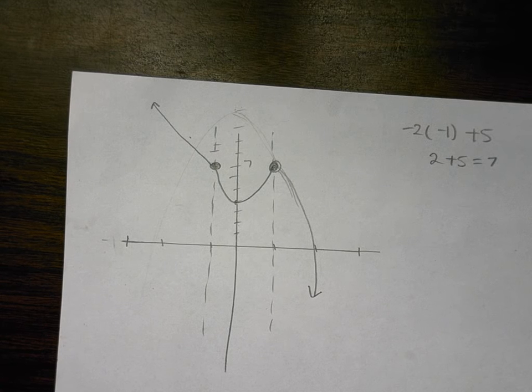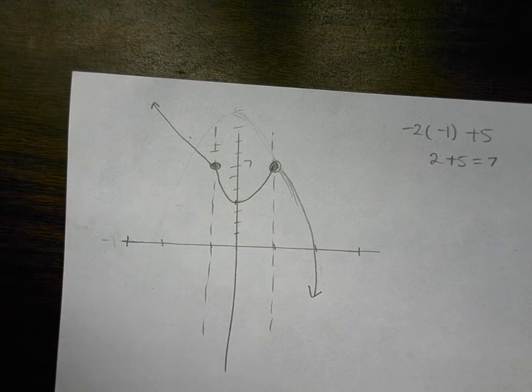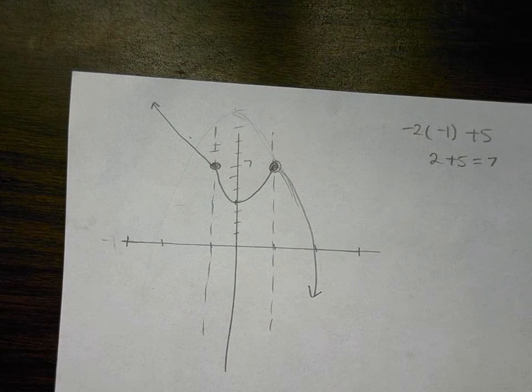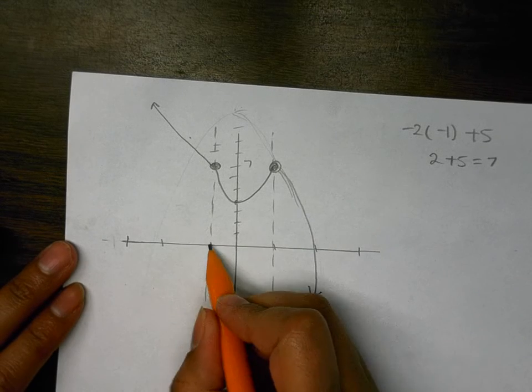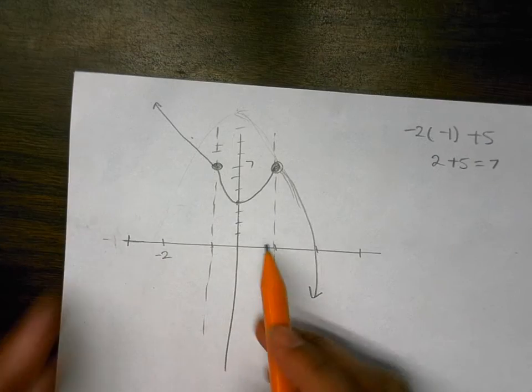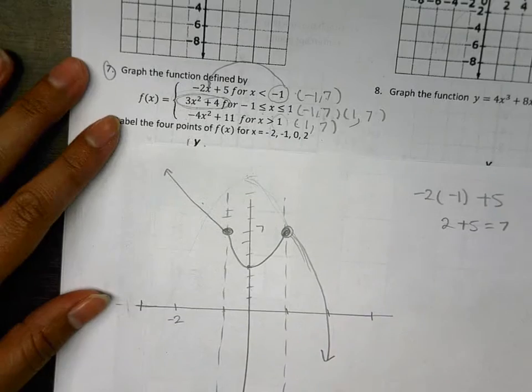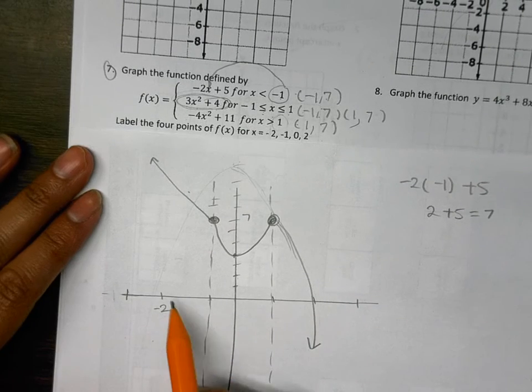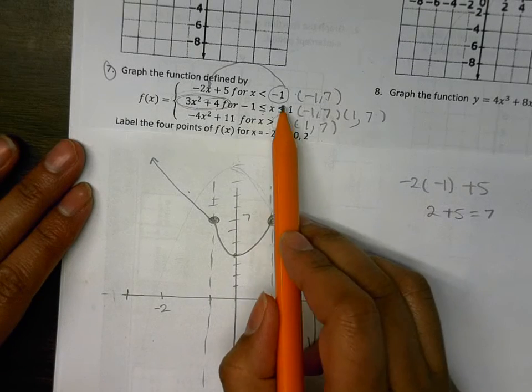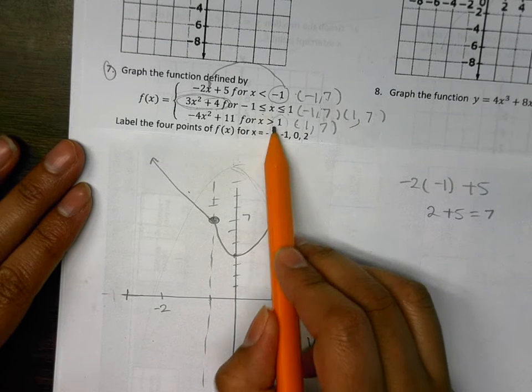What number was this? 7? Yeah. And they ask us to label points. Okay, so -2, what function would you plug it into? The top, middle, or bottom? The -2 is over here on the far left. So is -2 between -1 and 1, bigger than 1, or smaller than -1?